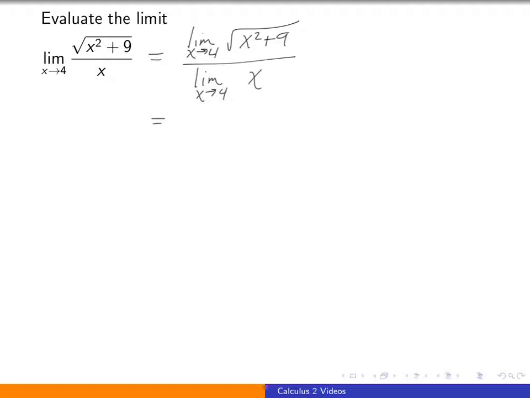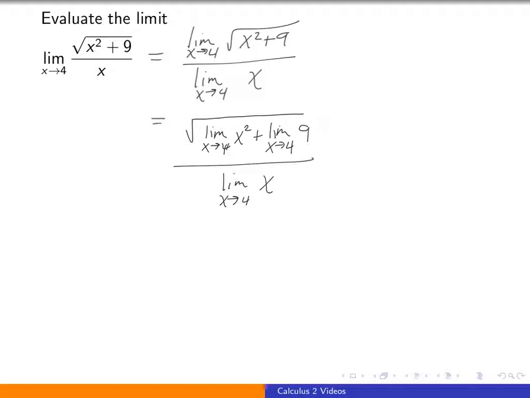And additionally, since we are all limit experts, when we put that limit under the square root, we can also break it up over the sum and write it as the limit as x approaches 4 of x squared plus the limit as x approaches 4 of 9, all divided by the limit as x approaches 4 of x. And this is really the ideal situation because now all of the remaining limits work out extremely well.